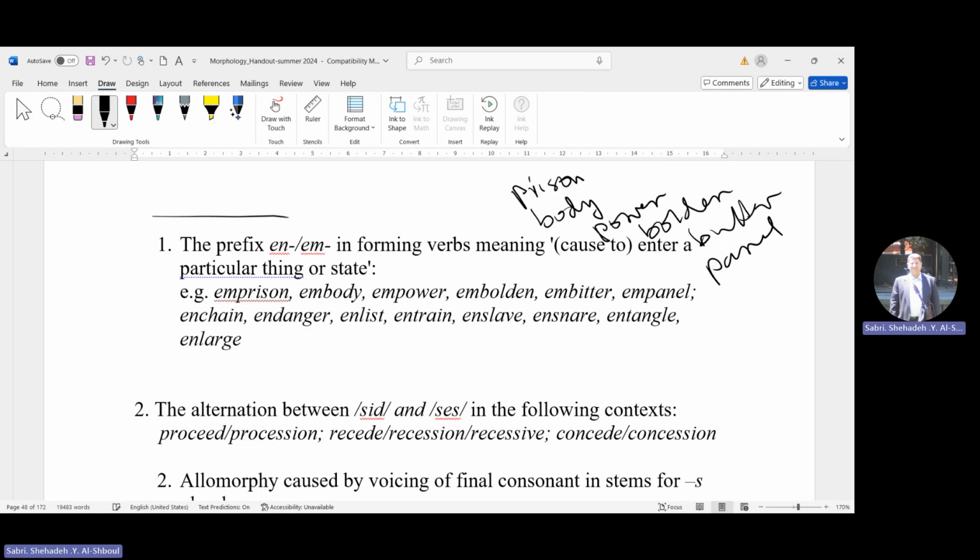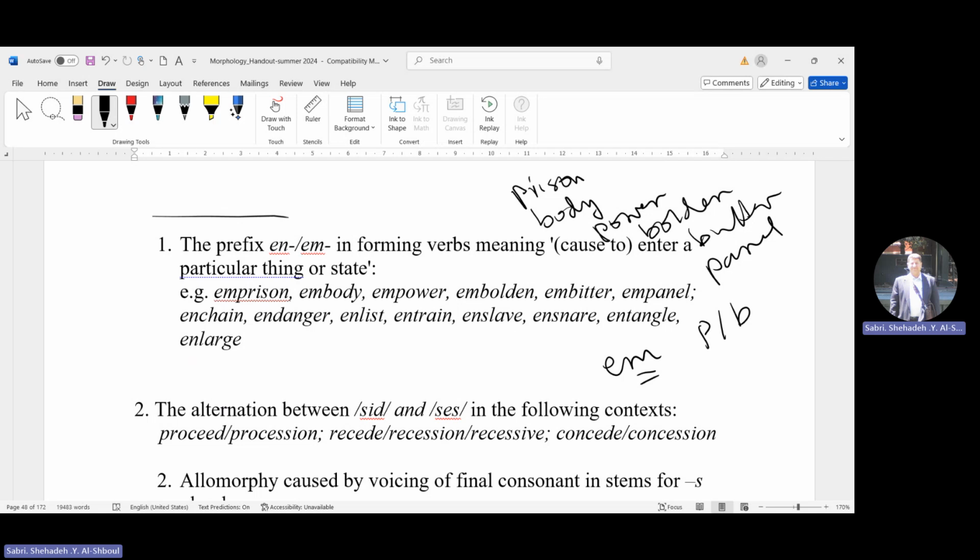So here we have words that begin with p, b phonemes, right? So we will notice that the p, b are bilabials. So if we add a morpheme for the state of causing to enter a particular thing or state, we add m. So this m has a kind of bilabial characteristics, right?